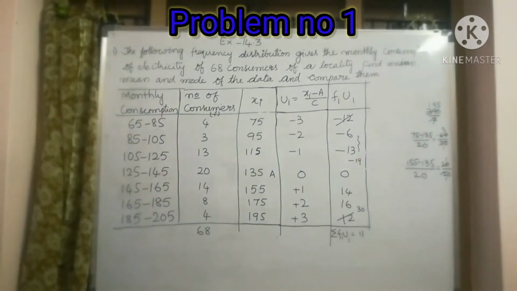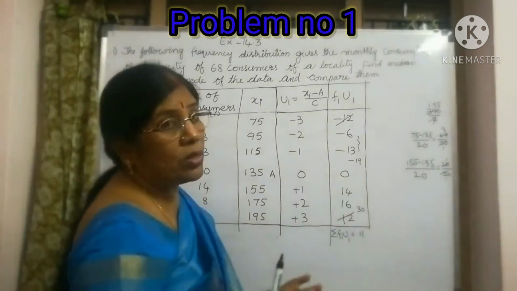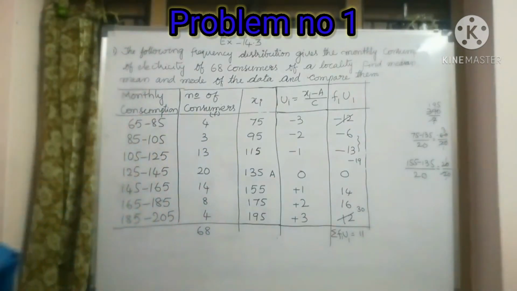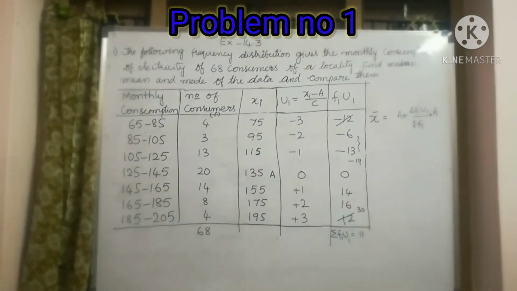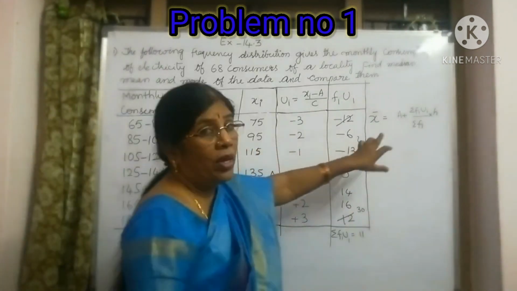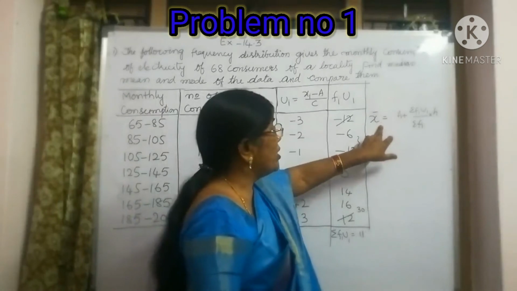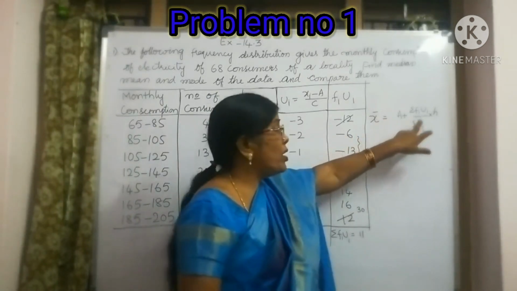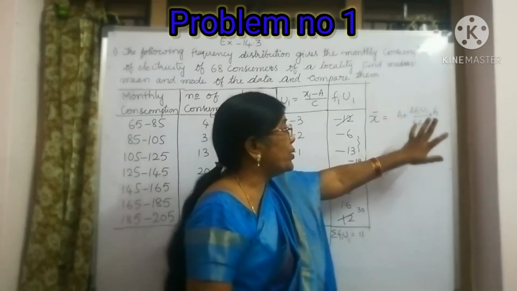Now we have got the values, so we have to apply them in the formula so that we can calculate the mean. We have a formula to find the mean. Mean is denoted by x bar. x bar is equal to A plus sigma fi ui by sigma fi into h.